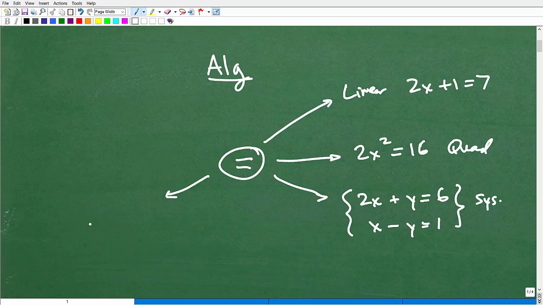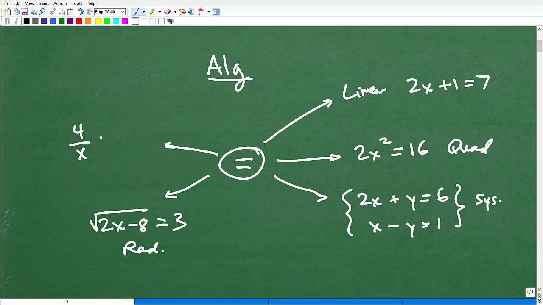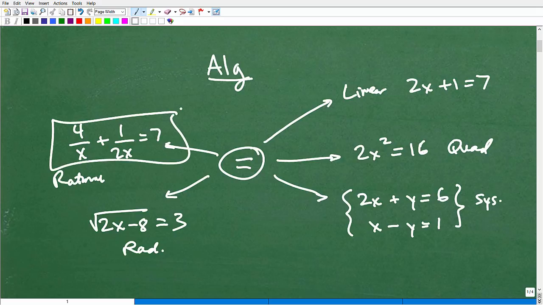Then you have things like this: the square root of 2x minus 8 equals 3. And of course, we've got this square root here, so this is a radical equation. And then you have other things here like 4 over x plus 1 over 2x is equal to 7. And this is a rational equation. This is what we're talking about in this video.